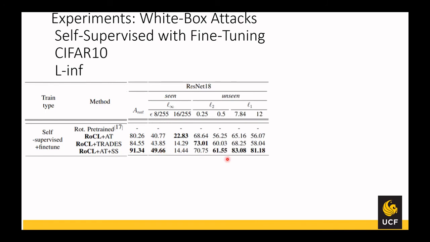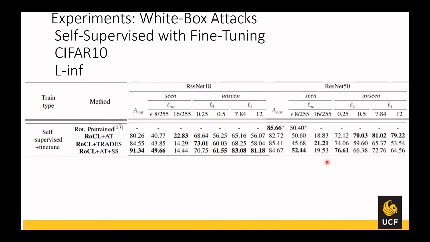And looking at unseen attacks, this ROCL, this bottom row, they had the highest accuracy for most of the unseen attacks. But when we look at the ResNet 50 network, you can see this ROCL plus AT, they have the highest accuracy on most of the unseen attacks, while this bottom line had only the highest accuracy on this one seen attack and this one unseen attack.